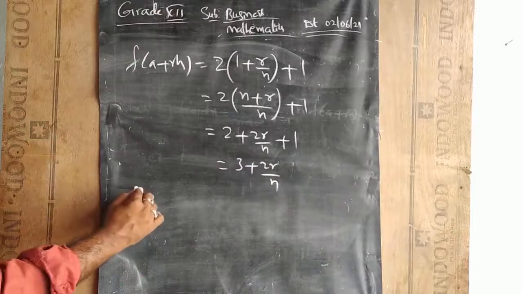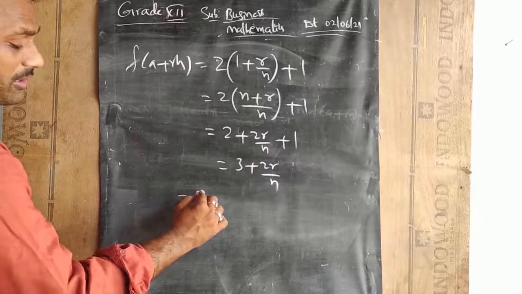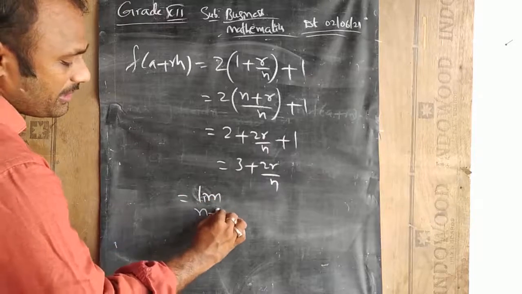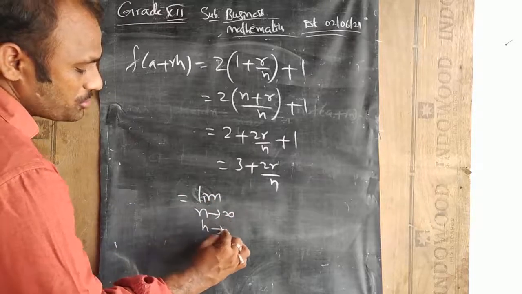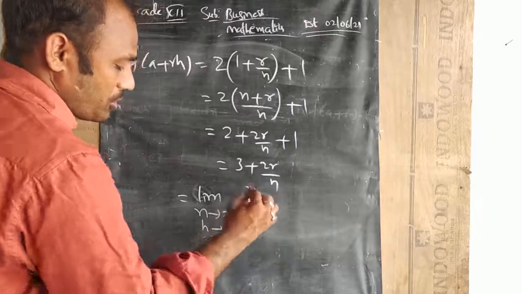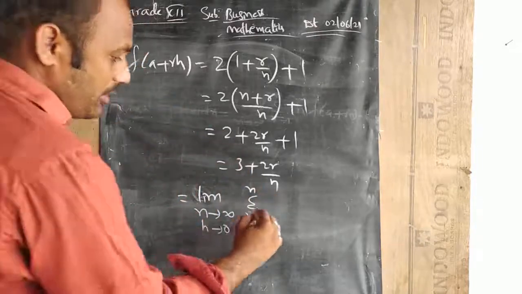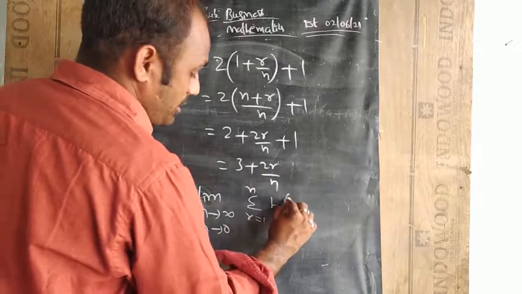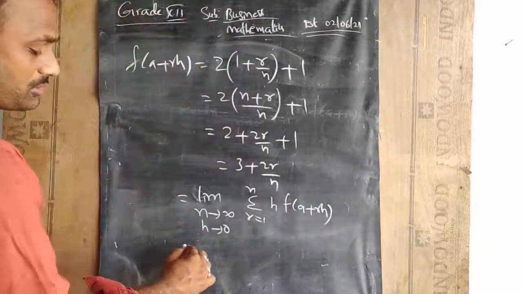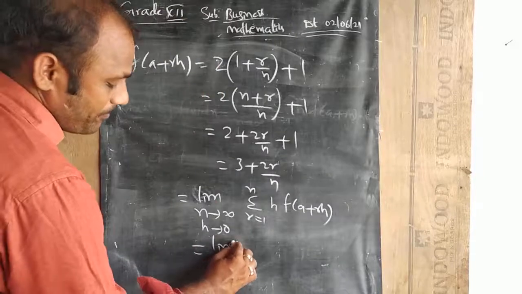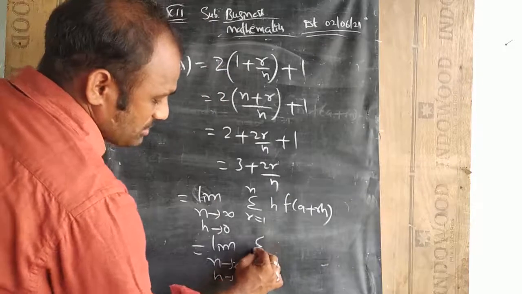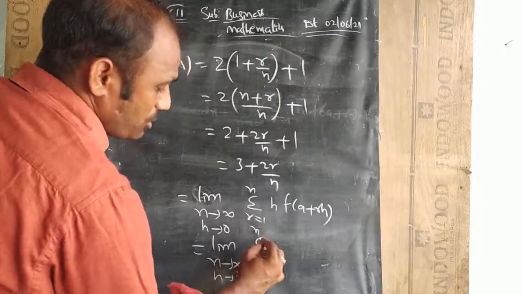So now let us substitute in the formula. So what is the formula here? Limit n tends to infinity and h tends to 0, summation of r equals 1 to n, h into f of a plus rh. So limit n tends to infinity and h tends to 0, summation r equals 1 to n.